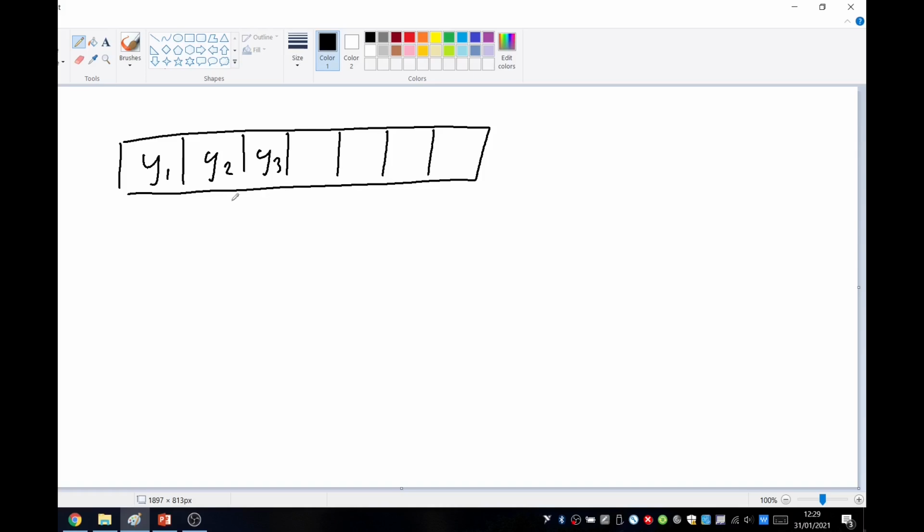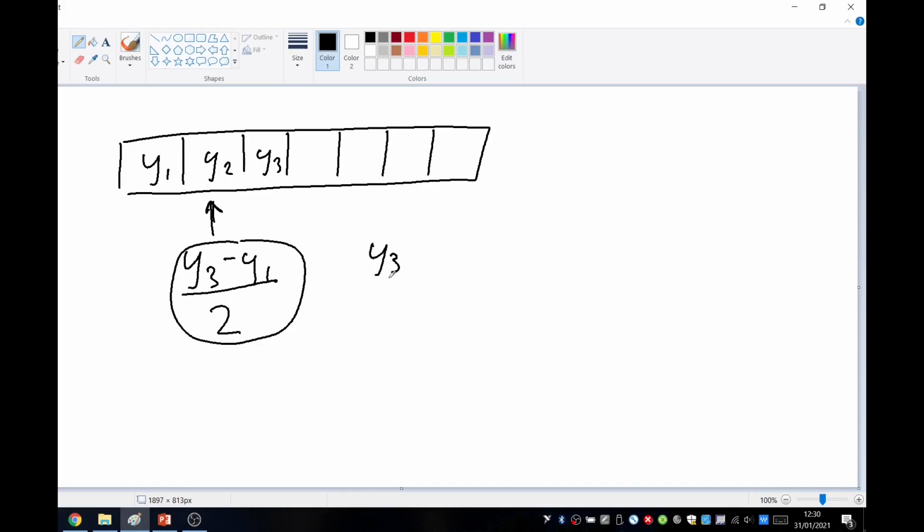The gradient of that is, so if we take this point here, the gradient at that point is the difference in intensity. So we can say y3 minus y1. So that is the change in intensity from there to there over the distance, over 2. So the gradient at y2 is this value here, which is y3 over 2 minus y1 over 2.